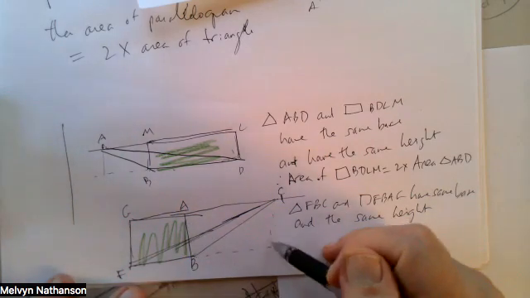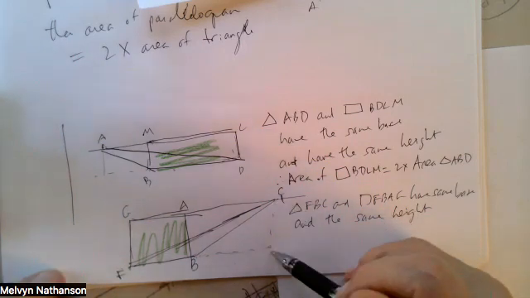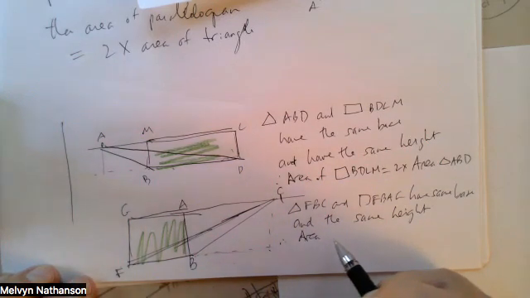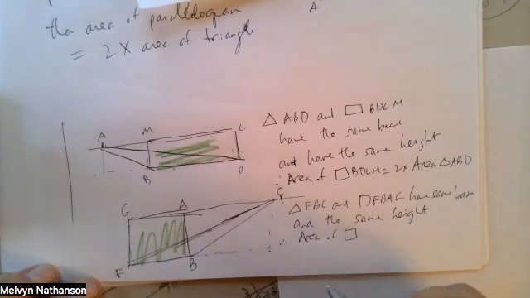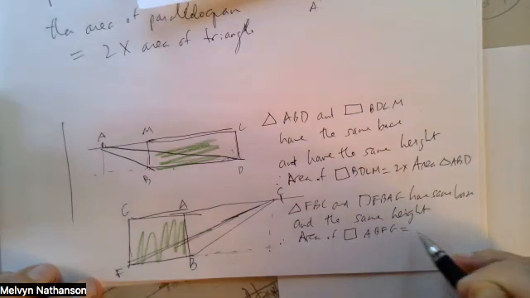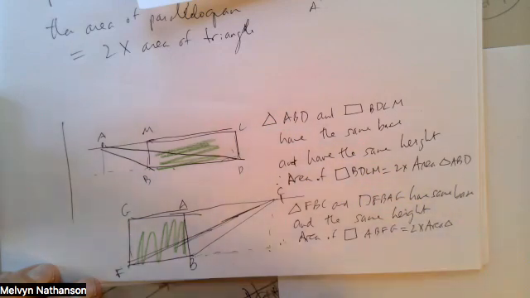Because the height of this triangle is from here to here, these two parallel lines. So therefore, the area of the square ABFG equals 2 times the area of the triangle FBC.